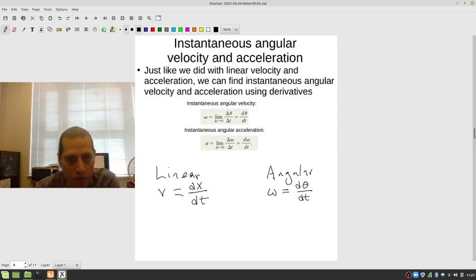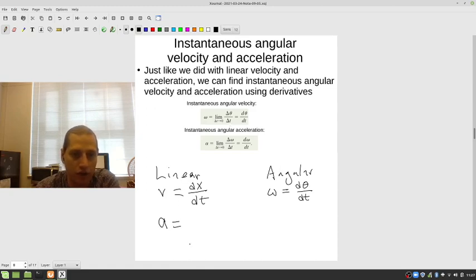So the way you get from your position to your velocity is you take the time derivative. The way you get from your angular position to your angular velocity is you take the time derivative. Same thing with angular acceleration and linear acceleration.